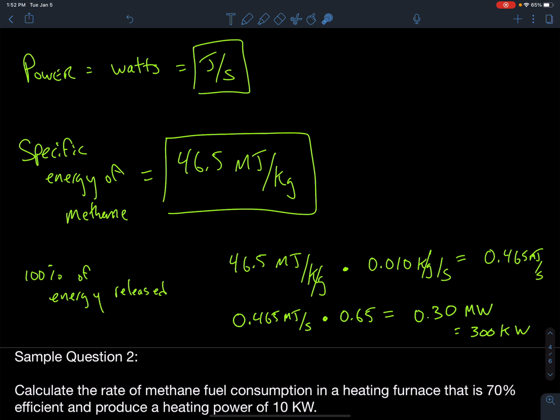Then using the percentage, 0.65 is 65%. This would be 100%, so 0.65 times that gives me the actual energy or power being put into the air. So that's how I use that percentage. You can walk through that a few times to be able to use it.